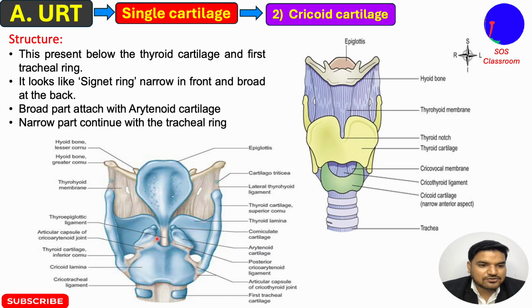Crico means cricoid cartilage and arytenoid means arytenoid cartilage, so the joint is called the cricoarytenoid joint. We are discussing only the cricoid cartilage. The broad part is attached to the arytenoid cartilage, and the narrow part anteriorly continues with the tracheal ring.